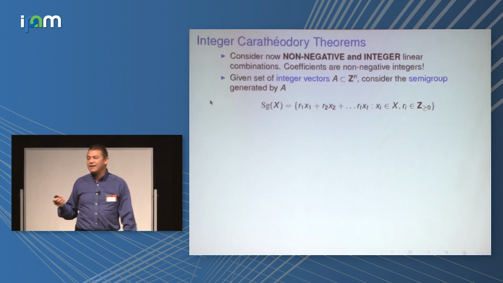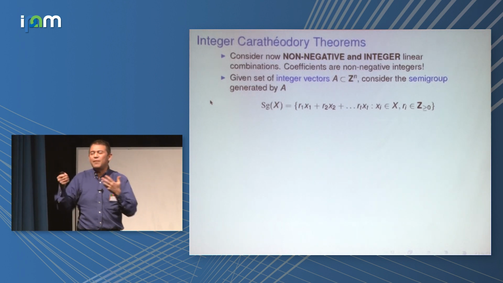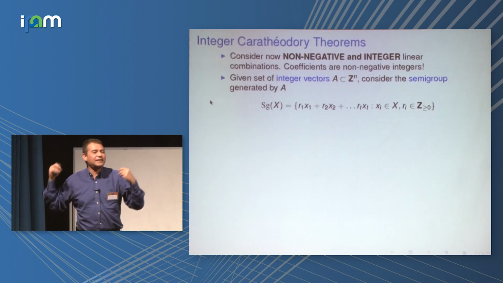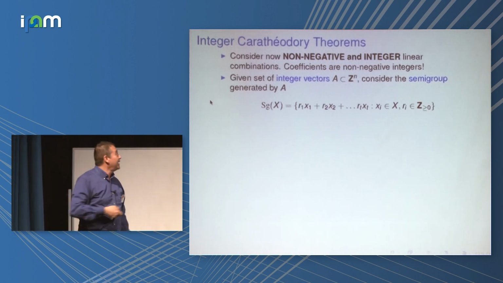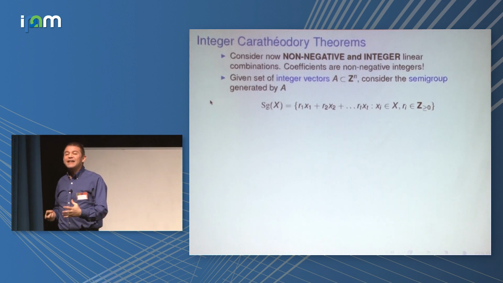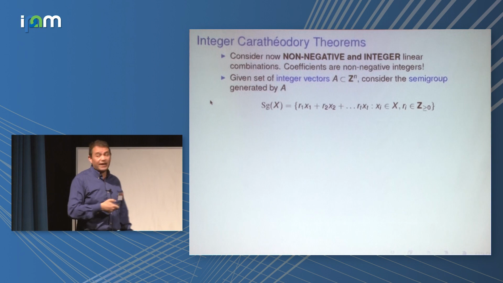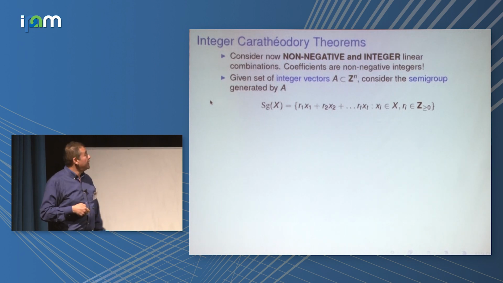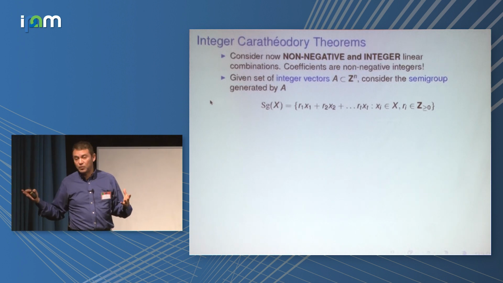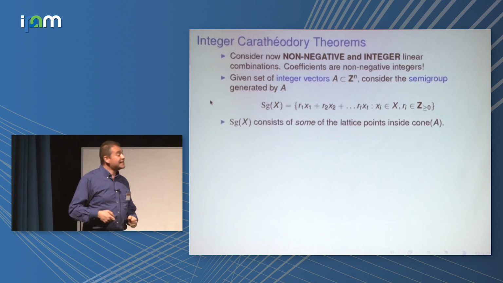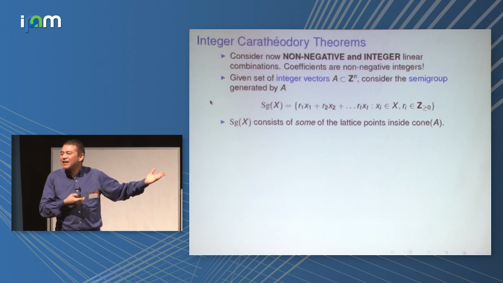Given a finite set of vectors, you have a matrix, the columns of that matrix, and you take integer, non-negative linear combinations of these vectors, OK? So that defines all possible finite such combinations, defined as the semigroup. Now clearly, the semigroup is inside the cone, right? Because these are special points in the cone.